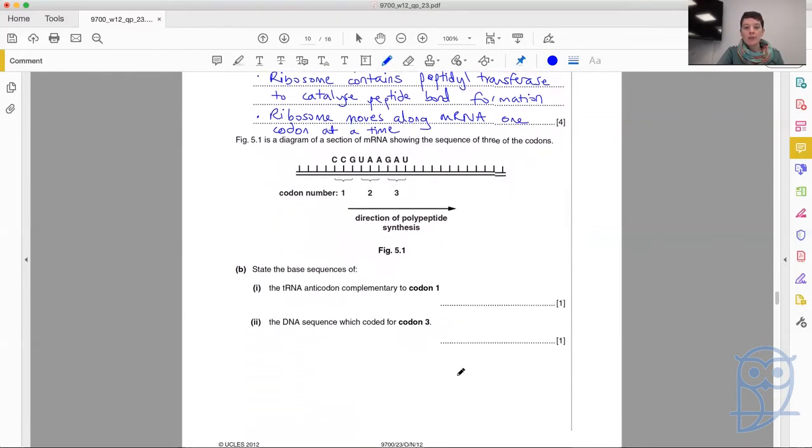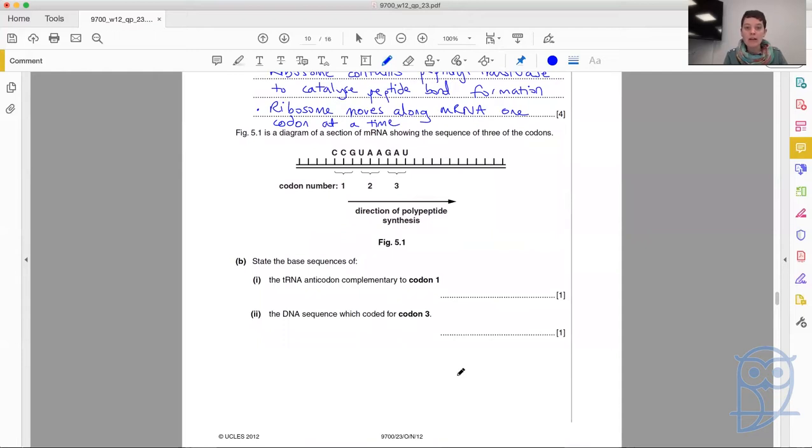So figure 5.1 is a diagram of a section of mRNA showing the sequence of 3 of the codons, codons 1, 2, and 3. And we're going in this direction for polypeptide synthesis. State the base sequences of the tRNA anticodon complementary to codon 1 and the DNA sequence which coded for codon 3. So I'm just going to split them like this so that I can see them more easily.